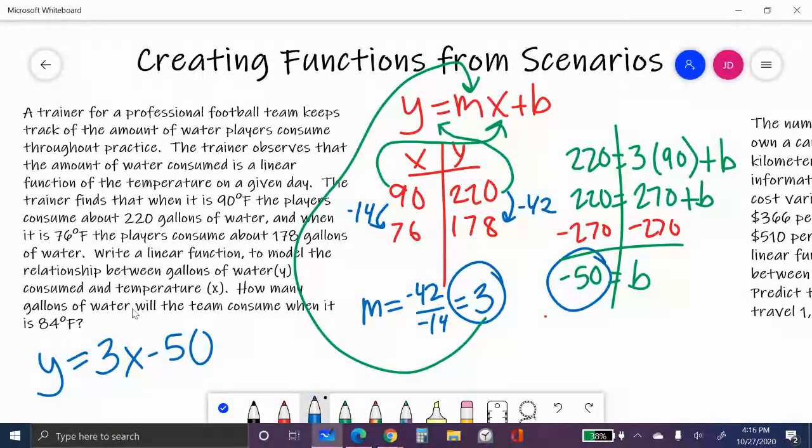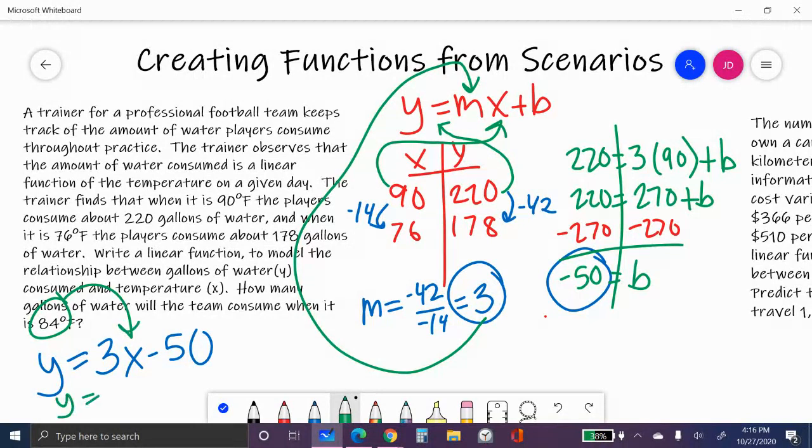How many gallons of water will the team consume when it's 84 degrees Fahrenheit? So, give myself some room. So when it's 84 degrees Fahrenheit, remember the degrees are the x values, I'm going to plug this in for x.